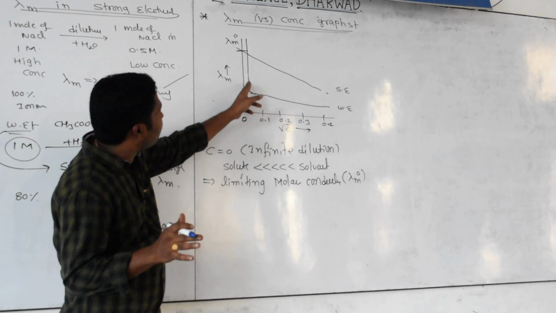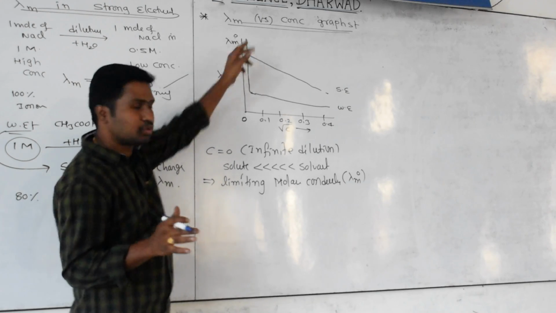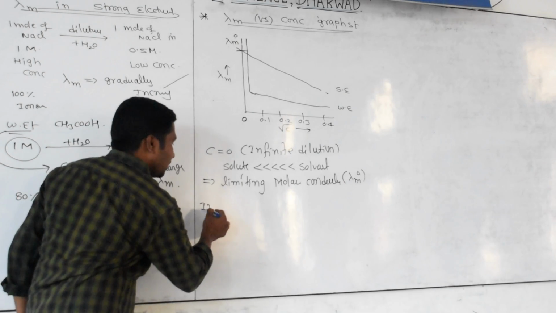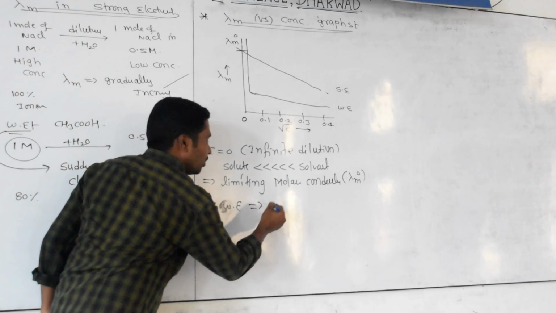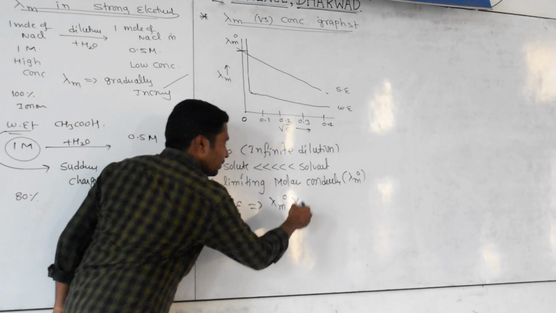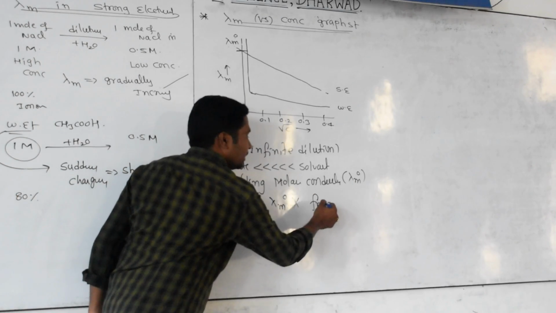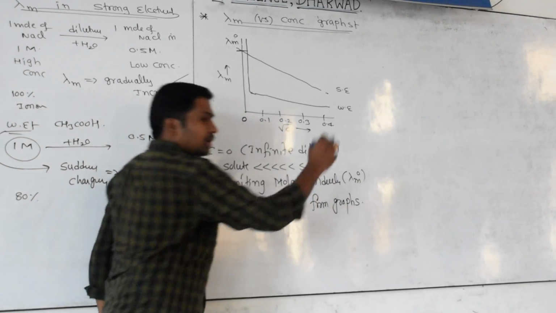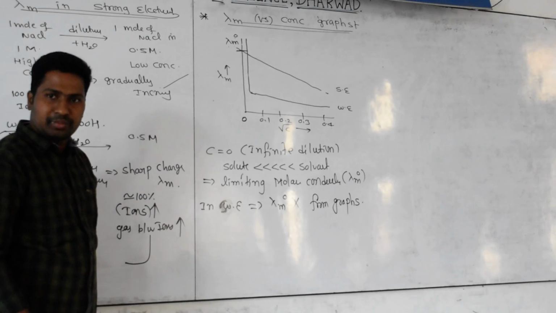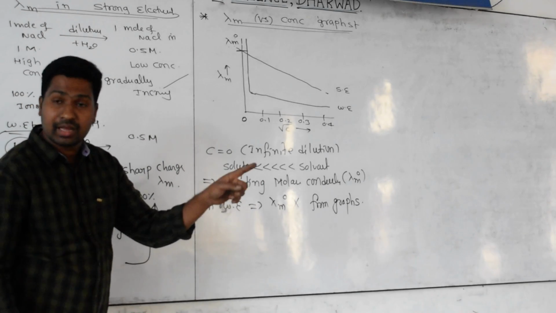However much you extend it, it won't touch the molar conductivity axis. That's why, in the case of a weak electrolyte, we can't get limiting molar conductivity values from graphs.